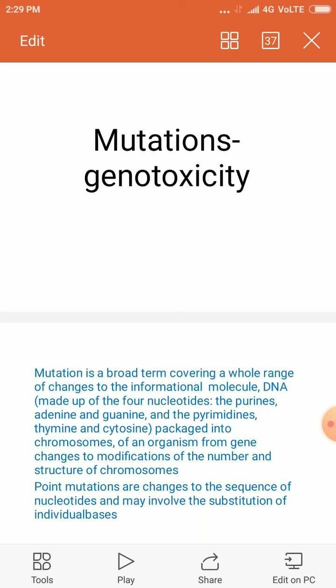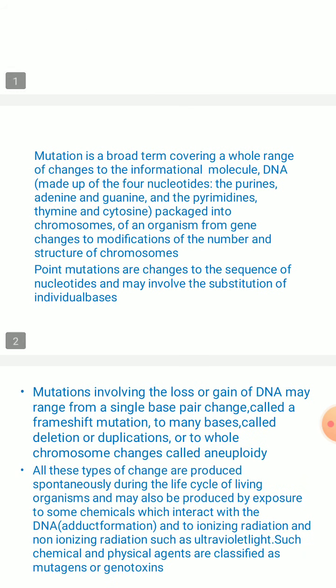The mutations which involve the loss or gain of DNA range from a single base pair change, which is called frame shift mutation, right? If you observe only a change in a single base pair, that is called frame shift mutation.